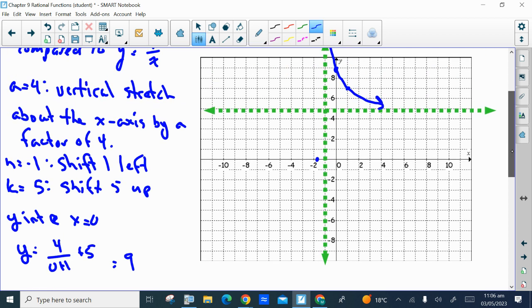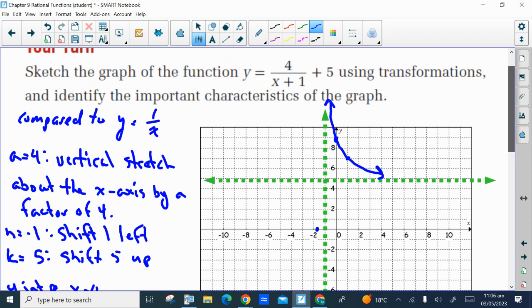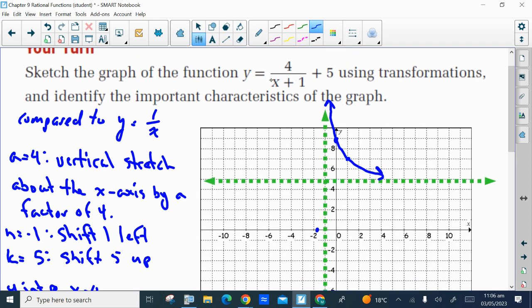Let's find one more point. Let's let x equal -5. And I chose that value because when x is -5, -5 plus 1 is -4. 4 divided by -4 is -1. And -1 plus 5 is 4. So -5, comma 4 is that point right there. Check that one more time.